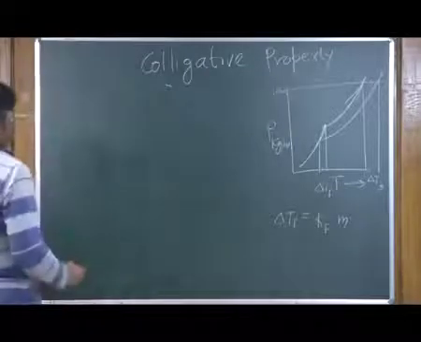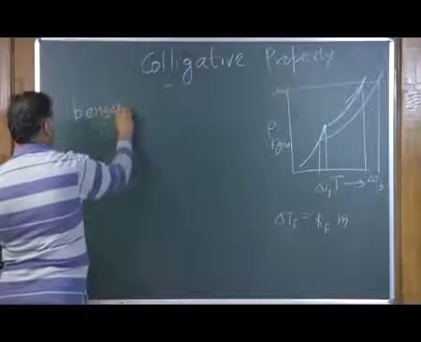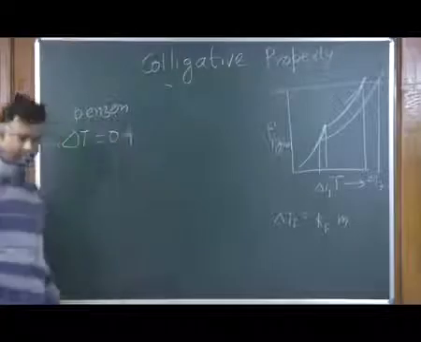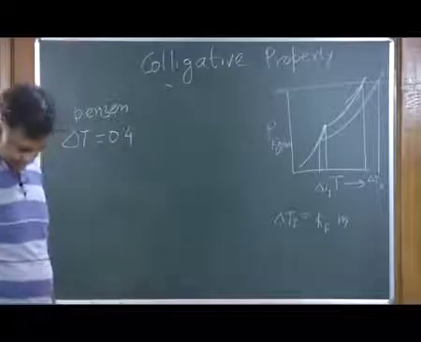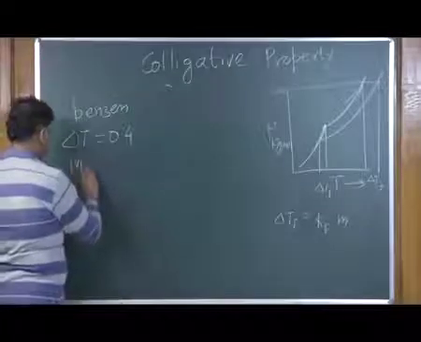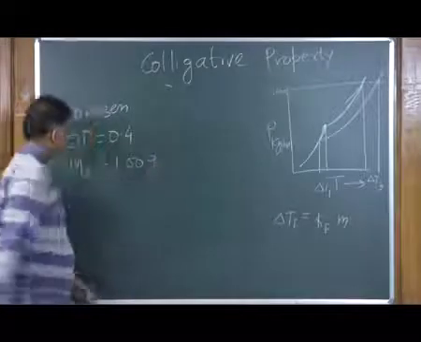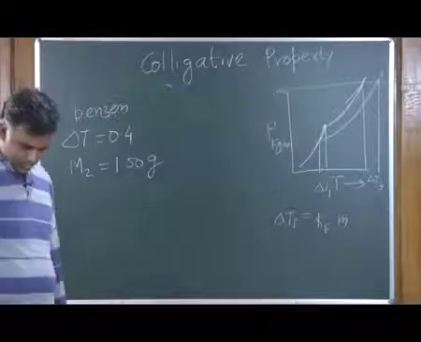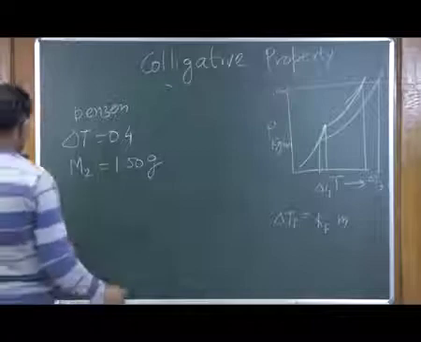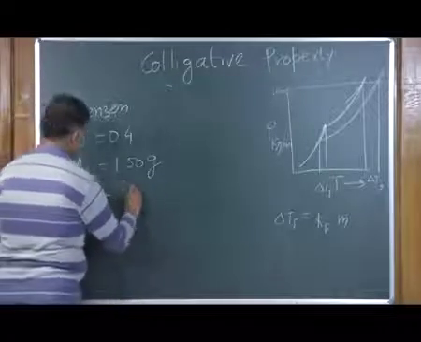So, the benzene is the solvent and the delta T is 0.4, and the mass of the solute is 1.00 gram. So, mass of solvent is 50 gram.